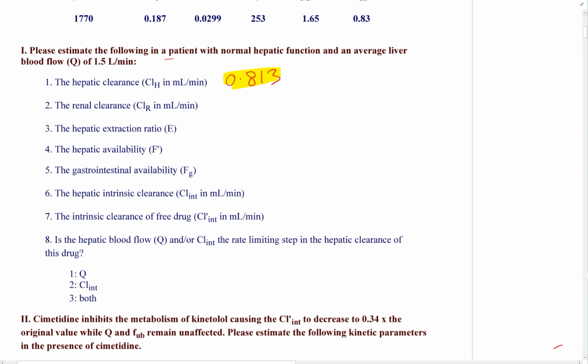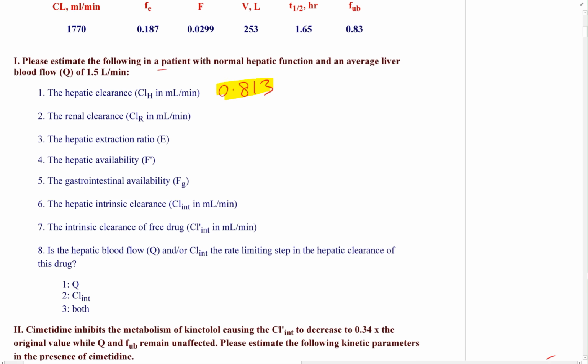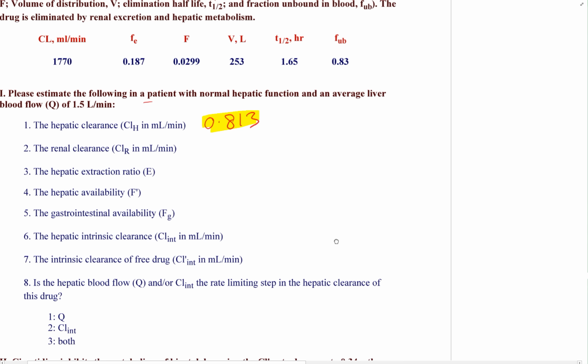Now renal clearance. Renal clearance is easy. Now our hepatic clearance is 1439.01 milliliter per minute. Hepatic clearance we can calculate many different ways.